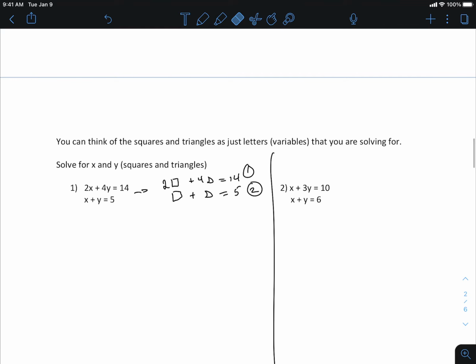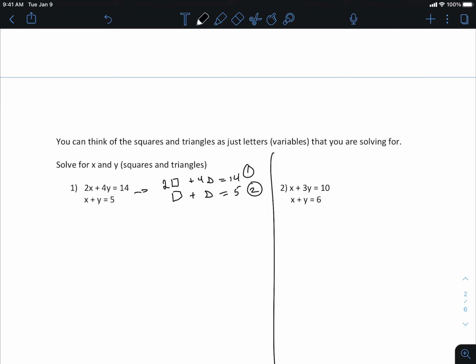In this case, again, I think it's the second one. This looks a lot easier than the top equation. So we're going to just try and solve for one of the variables in those 2 equations, right? So all I got to do is take the second equation and solve for a square or a triangle.